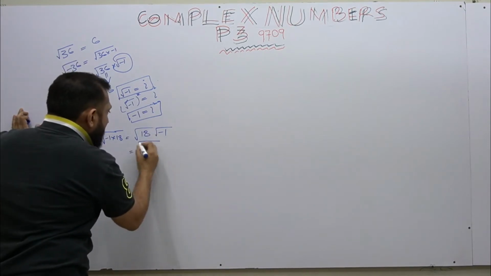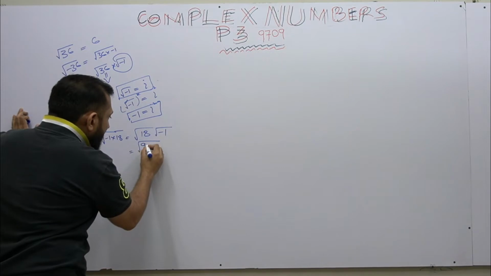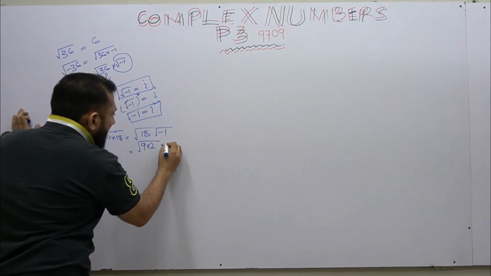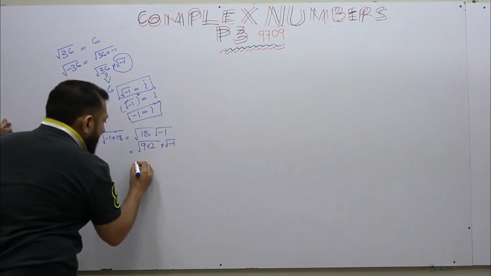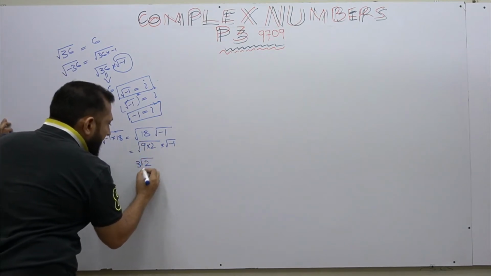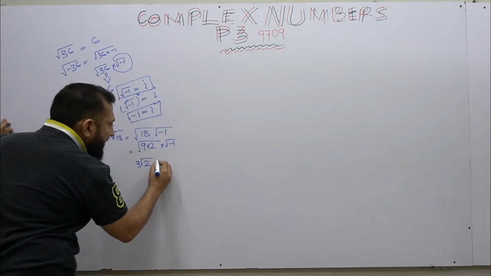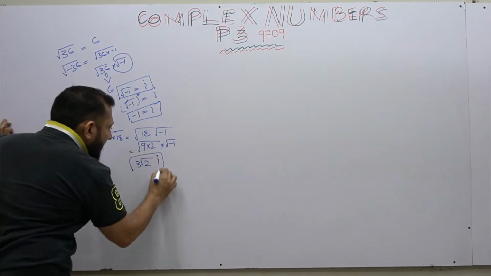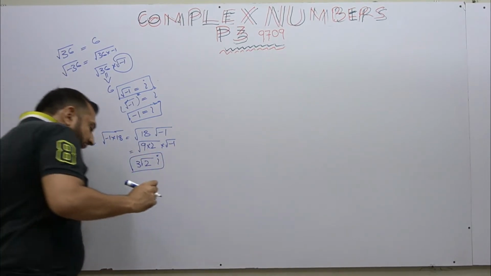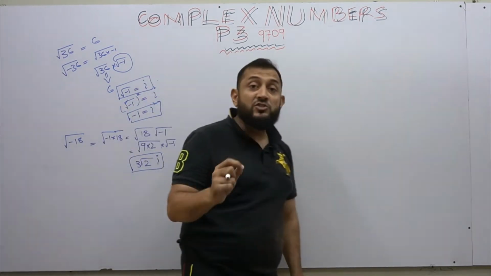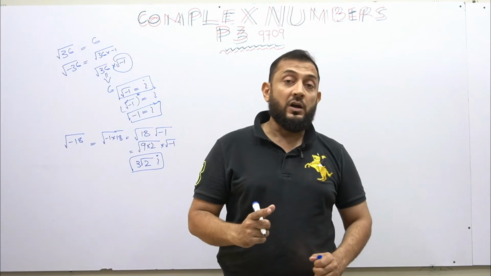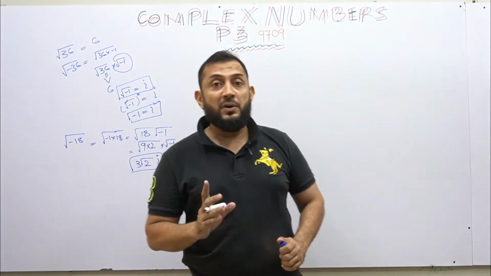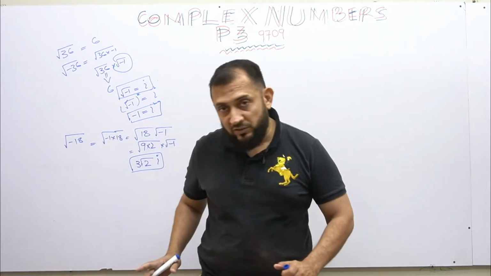You need to separate the square factor, write 9 times 2 and times under root minus 1. 3 is a perfect square, so you can take out 3 and write 3 under root 2, and for this we can write iota. So now the number with the iota is called imaginary number. The real number with the iota is called imaginary number.